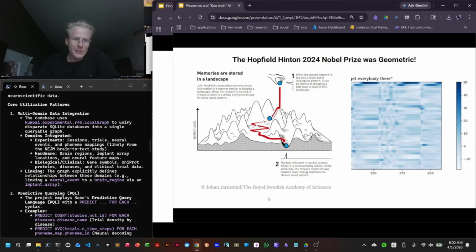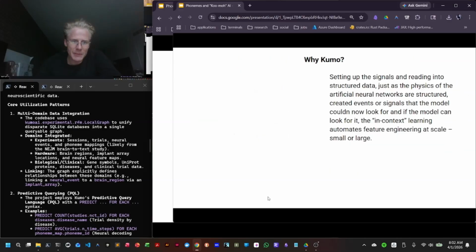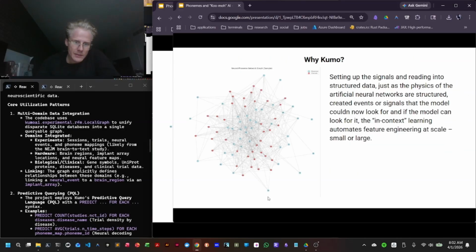And then I thought, okay, well, Kumo AI, the relational foundation model, they got to do it. They can make that happen. And through running that, I just had to set up the signals and read it into structured data, which was tough. At first, I thought I'm going to take the phonemes and see if I can take the phonetic spelling and focus that into the words, because that's the layer that the competition had been for the brain to text.